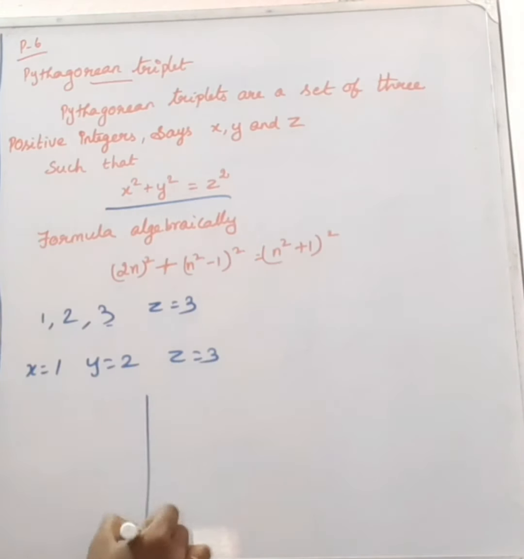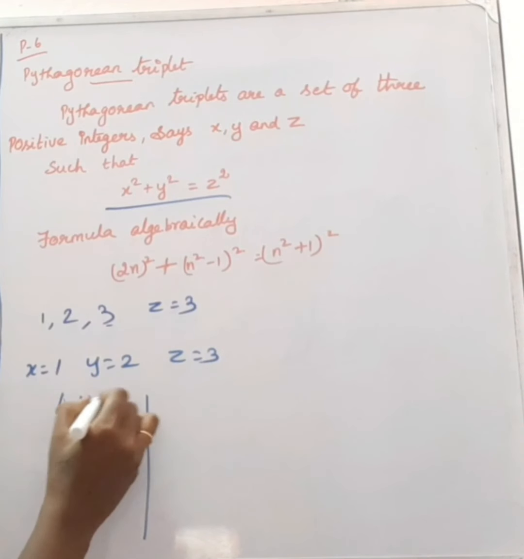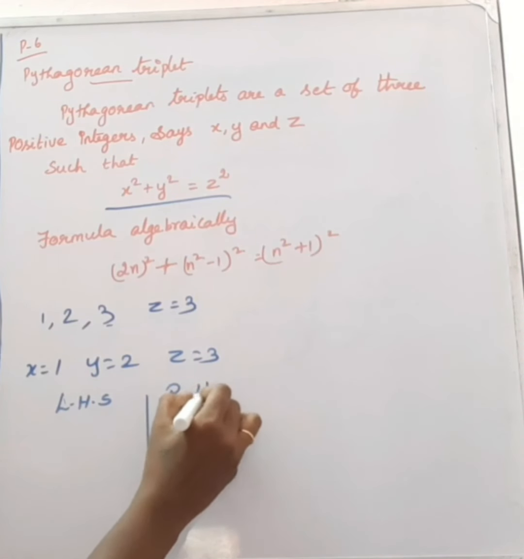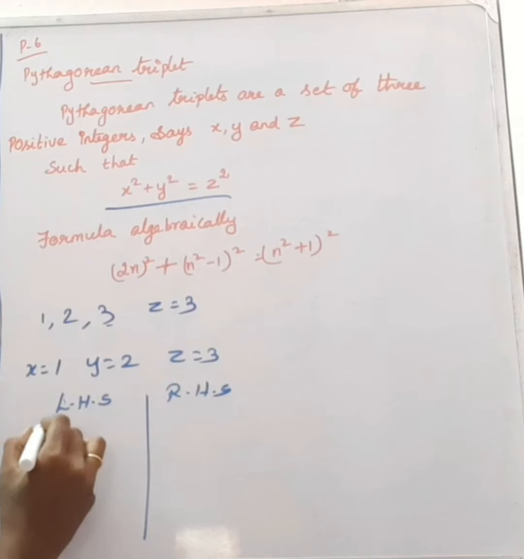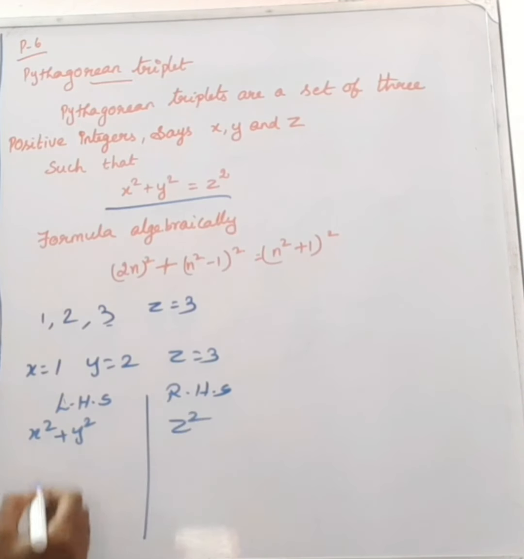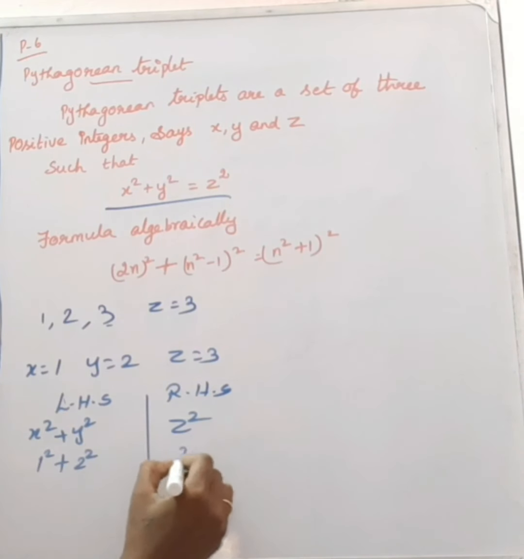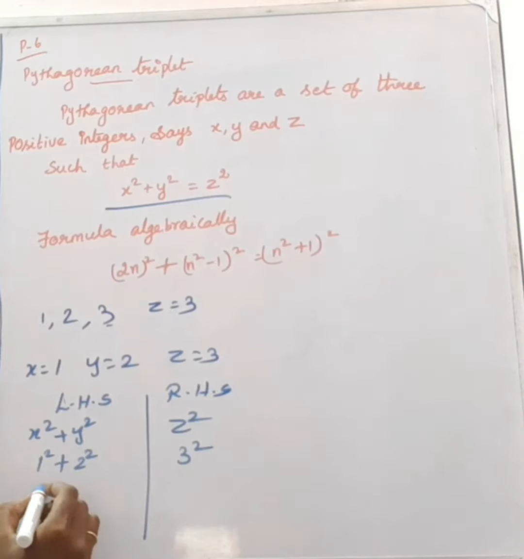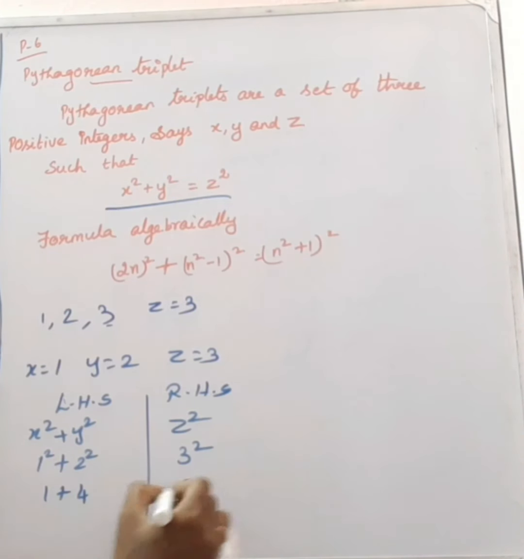Now, apply it in the formula. That is LHS side and RHS side. So, what is the LHS? x squared plus y squared. RHS? z squared. Now, 1 squared plus 2 squared, here it is 3 squared. So, 1 plus 4, here it is 9.